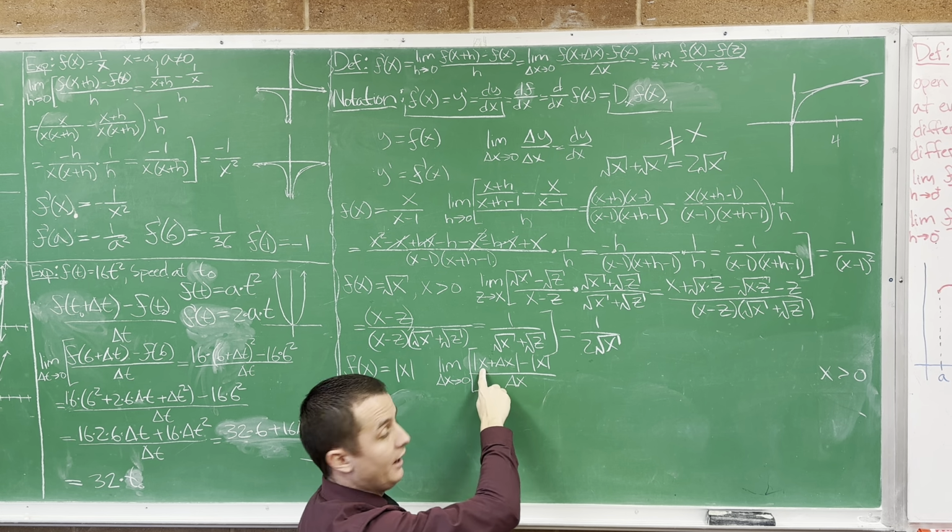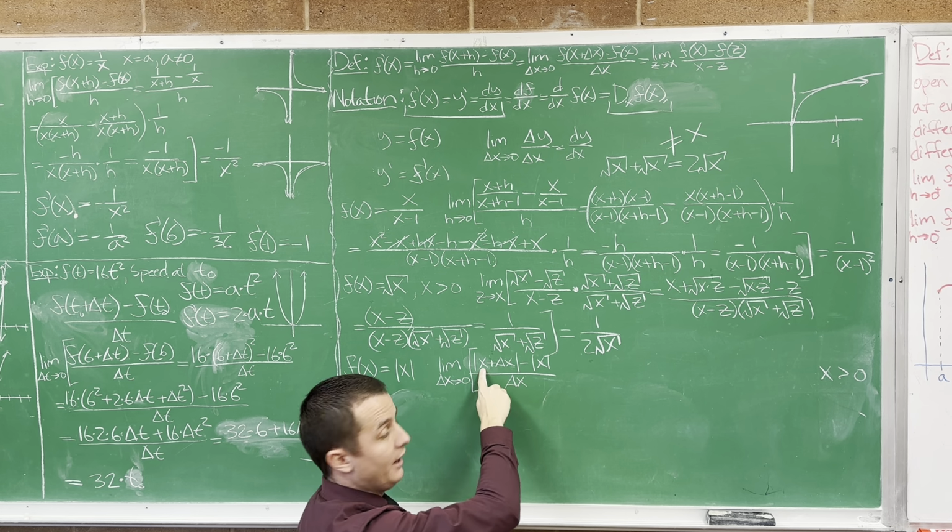And now when we take our absolute value, what is it? It's negative x if x is less than 0. So in this case, it's going to be negative x minus delta x, and then minus negative x is going to be plus x, all over delta x.